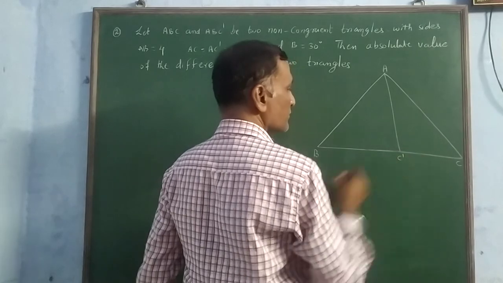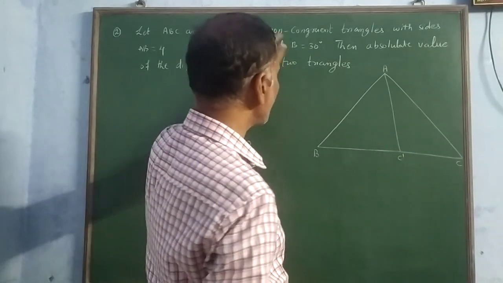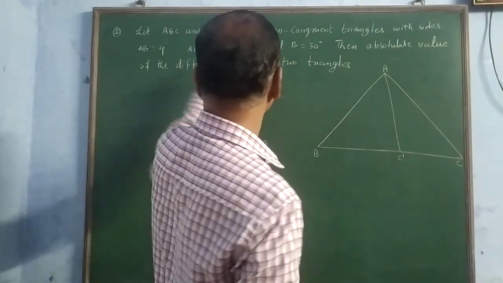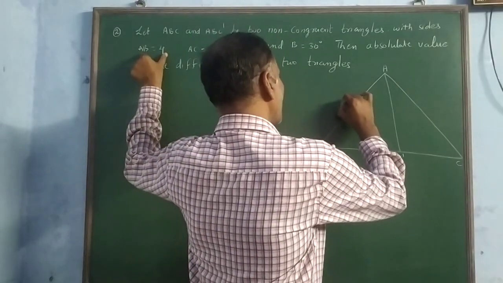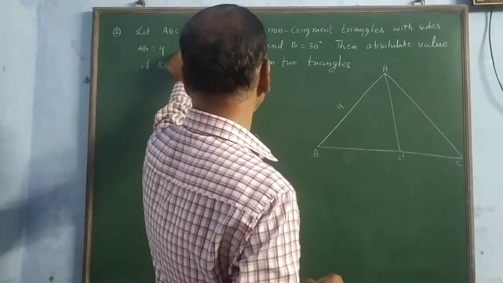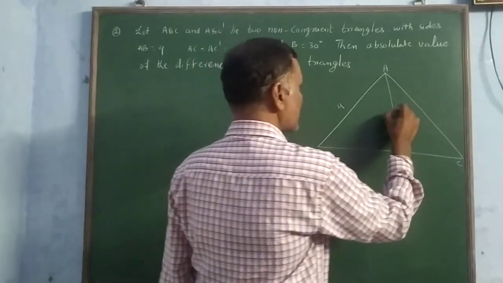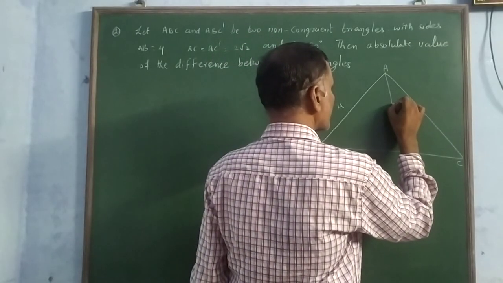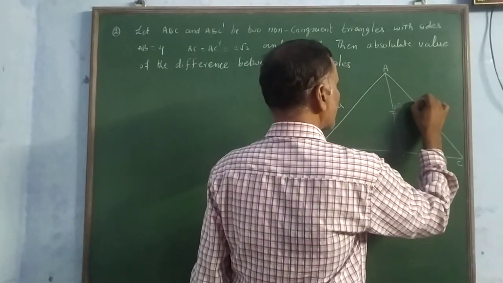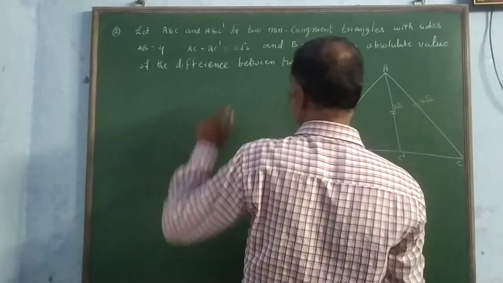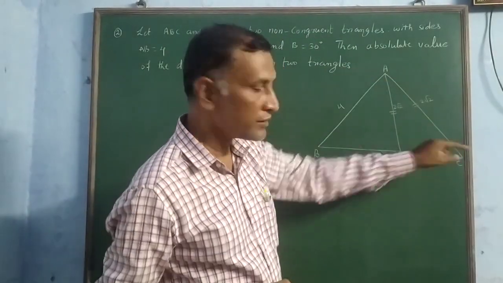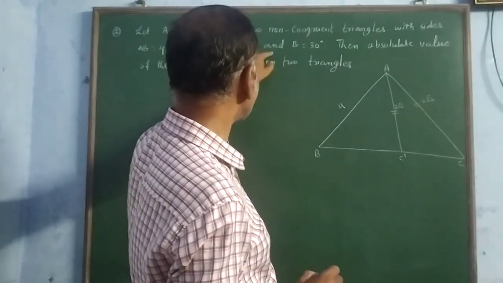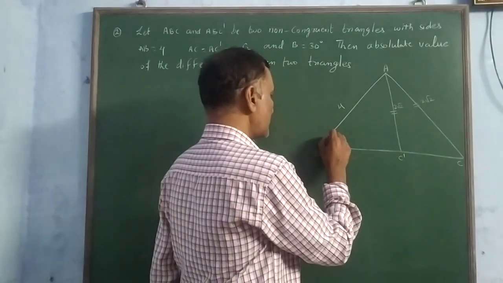Two non-congruent triangles. AB equal to 4 centimeters. AC length is 2 root 2. This length also, 2 root 2, is given for this question. AC and AC dash, both lengths are the same. Angle B equal to 30 degrees.